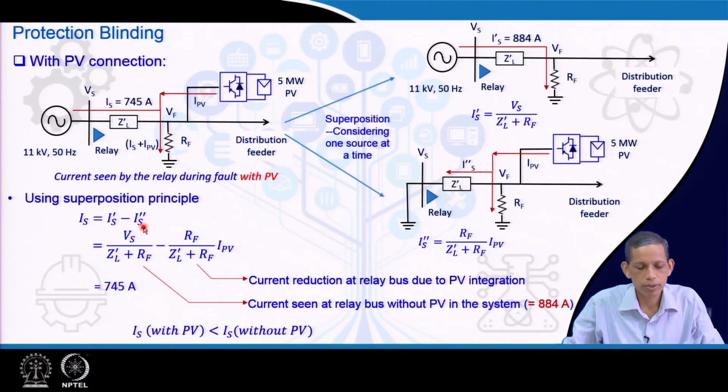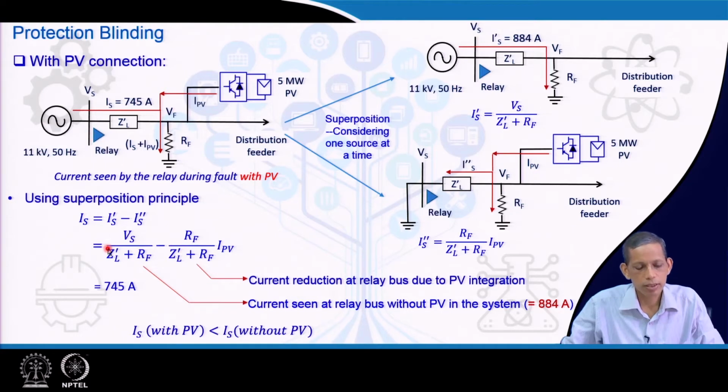So, IS equals Vs upon ZL dash plus Rf, minus Rf upon ZL dash plus Rf into IPV. This first part is nothing but the current which we saw in the earlier slide, contributed only by the grid as the source, and this part is contributed by the IPV. Now, this total current is flowing through this relay which is at the substation.